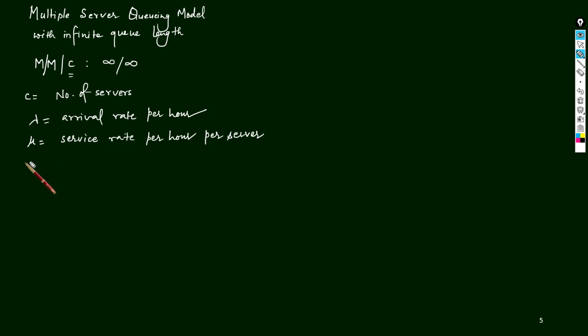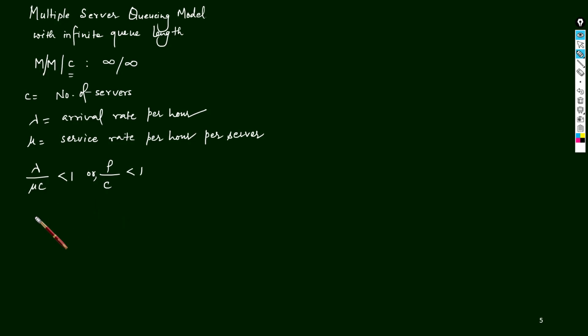So if there are C servers, the service rate will be mu into C. So in this case lambda upon mu C should be less than 1, or we can say lambda upon mu, which is rho, upon C should be less than 1. This is the condition.